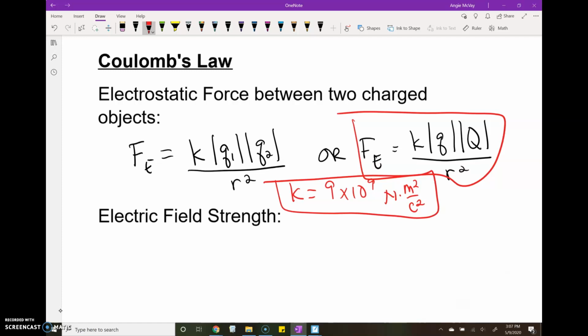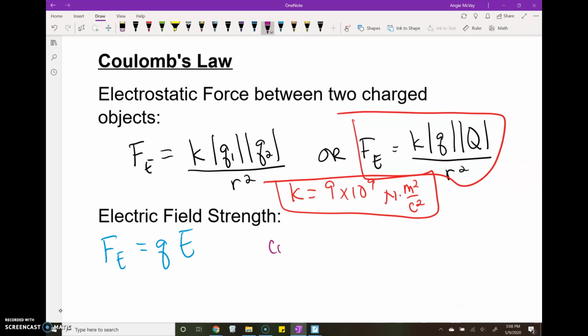All right. Now, just like there was gravitational field strength, little g, there's also electric field strength. Electric force is equal to charge times electric field strength.